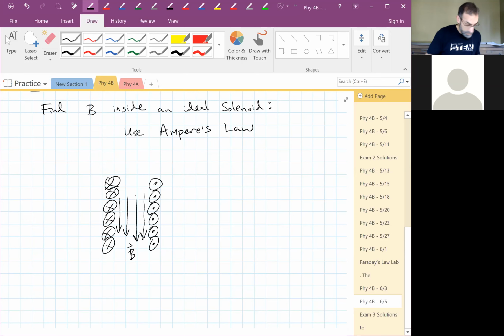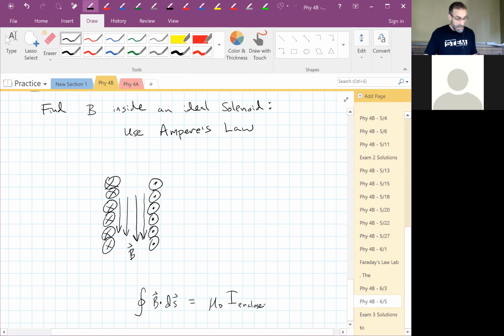Ampere's law tells us that the integral around a closed path, B dot ds, is mu naught times I enclosed by that path. Okay, let's pick a path. I will show you a nice path to use. Let's use red. That's going to be my path.